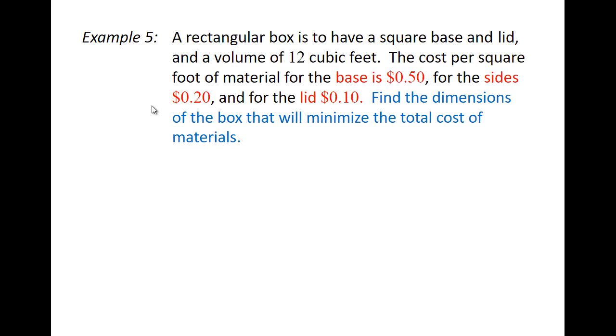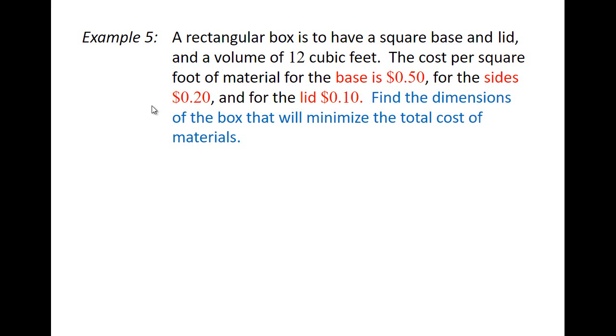Welcome back. Here is the last example on optimization. Let's say a rectangular box is to have a square base and a lid and a volume of 12 cubic feet.